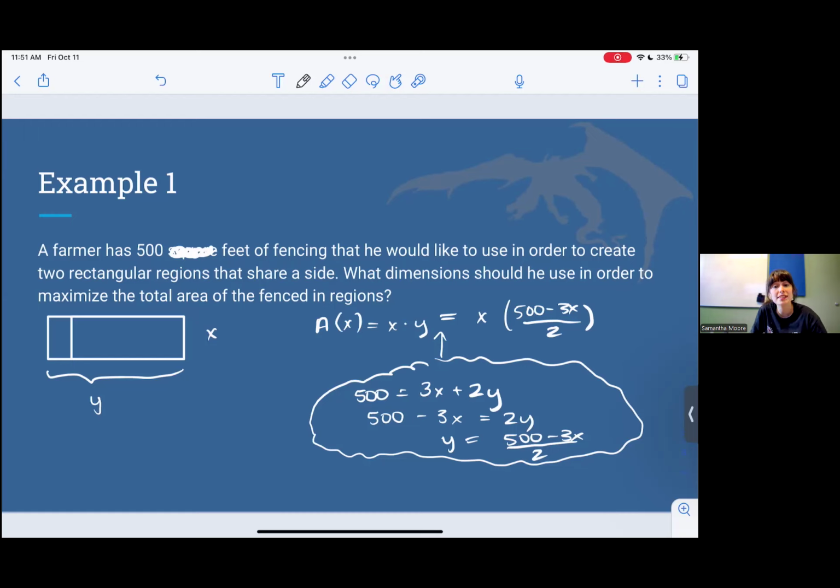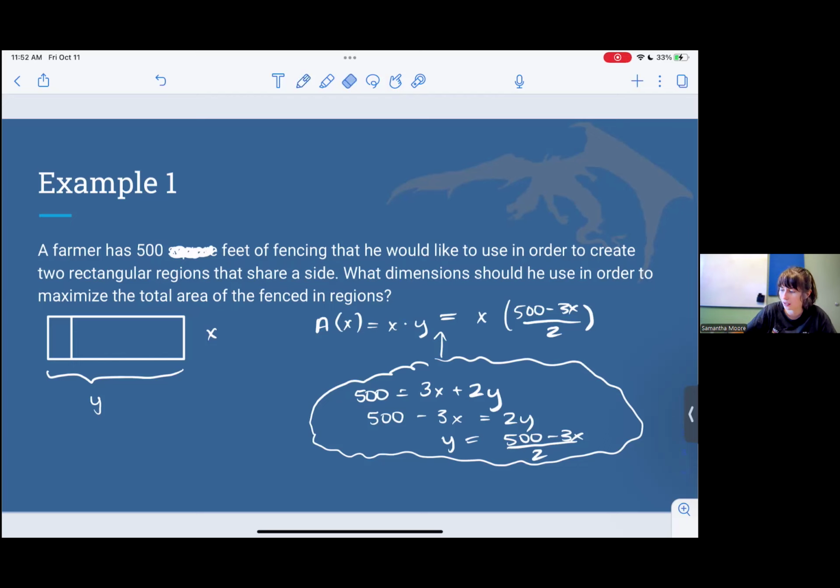And that's awesome because now I can apply my first or second derivative test. So now I have a function that I have tools to find maximums and minimums with. That is how we find our area formula, and after this we are really just looking at a first derivative or second derivative test question.